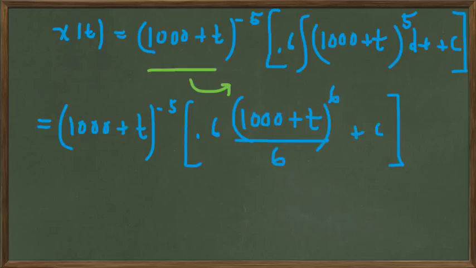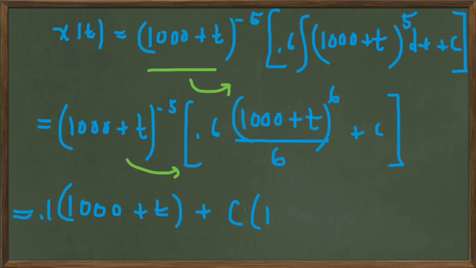Now we're able to distribute this expression across the bracket. When we multiply 1,000 plus t to the minus 5th times 1,000 plus t to the 6th, we get 1,000 plus t to the 1st, or just 1,000 plus t, and when we resolve the constants, 0.6 over 6 is just 0.1, and then we distribute the 1,000 plus t to the minus 5th across the c and get c times 1,000 plus t to the minus 5th power.